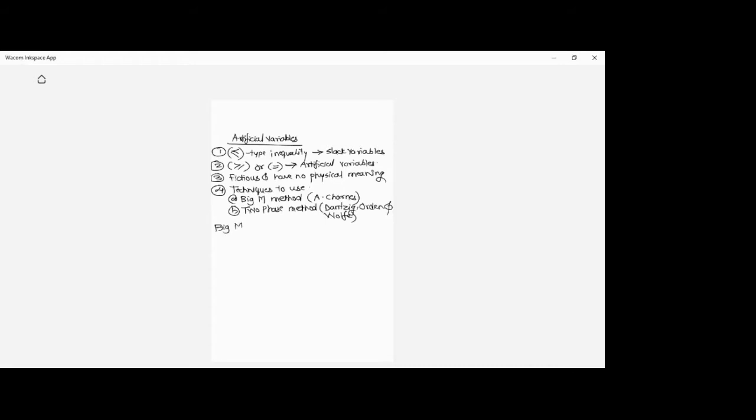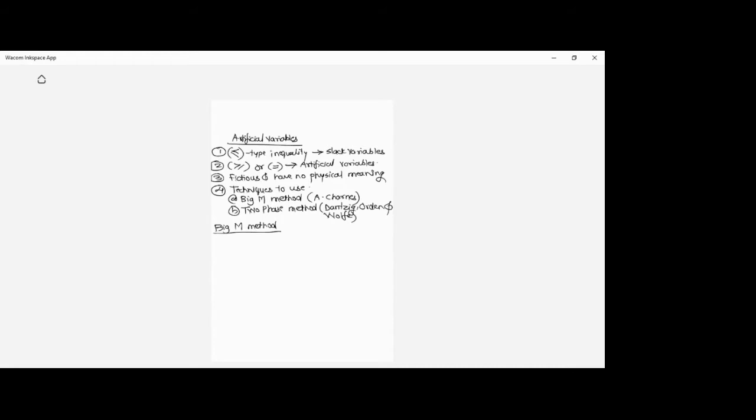In the big M method, M is nothing but the penalty that we are going to consider, and this M has a very big value. It is near to infinity, but not infinity, right? It is a very huge value. That means we are going to assign a very huge penalty at a particular place, so that the particular variable won't appear in your optimal solution.